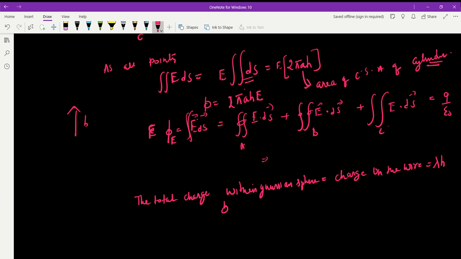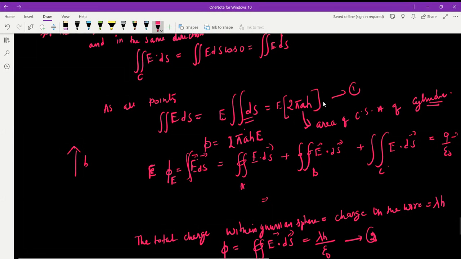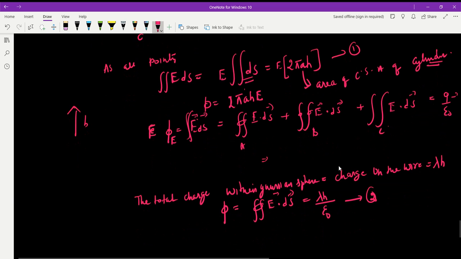So the flux, the integral of E dot ds, is equal to lambda h by epsilon naught. Let me consider this as equation number 2, and the earlier one as equation number 1.